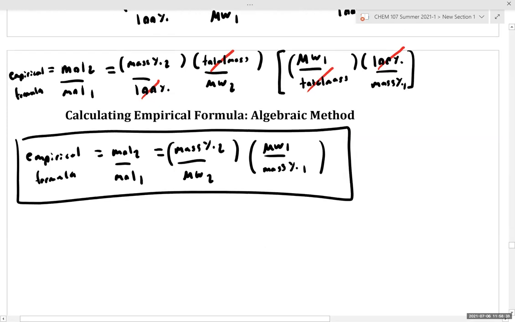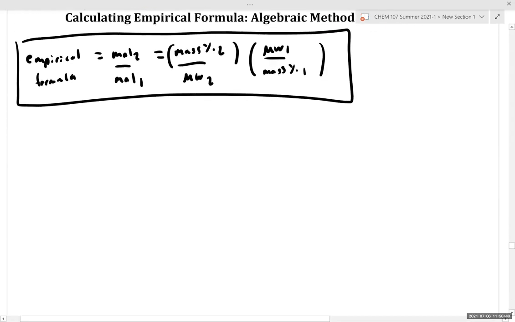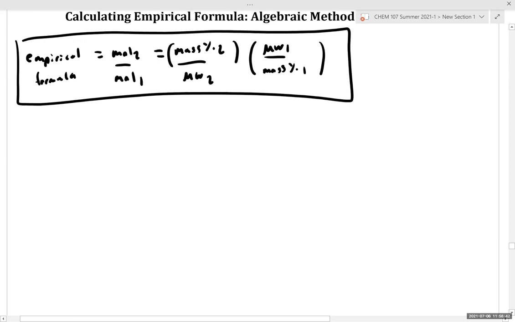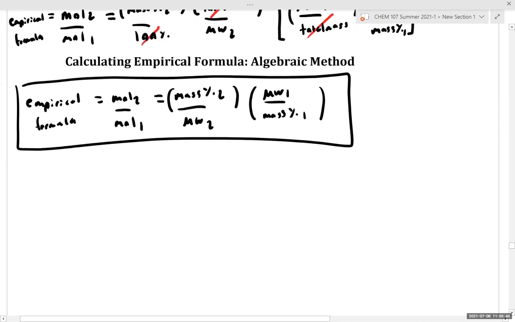Okay, so we know that we can calculate the empirical formula directly using this equation. What I want to highlight now is an alternative algebraic method or a stepwise method for calculating the empirical formula.